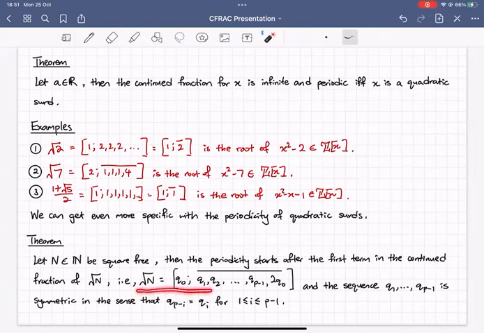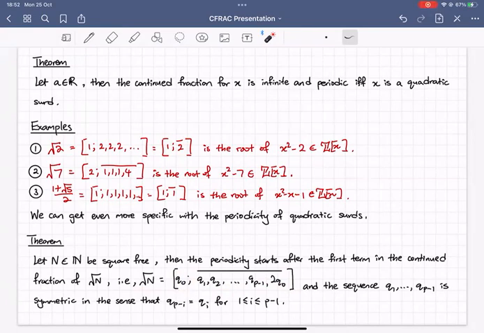And I have here what it will look like for any square free n. The periodicity starts after the first term, so after this q naught. And the periodicity goes like this. And this last term is twice the first term. So if you look at root 2, 2 is twice 1.